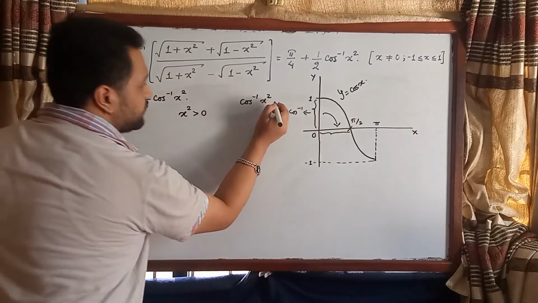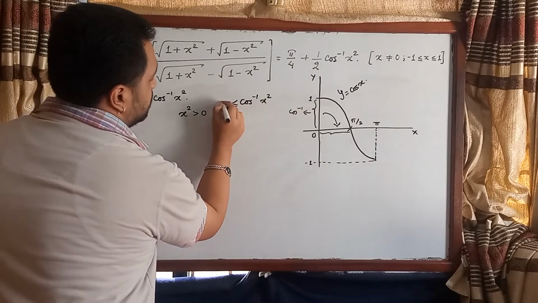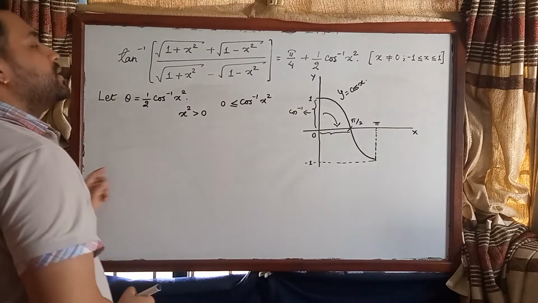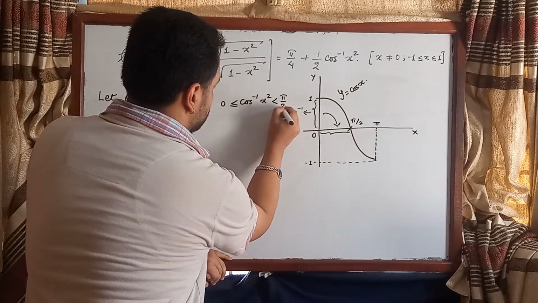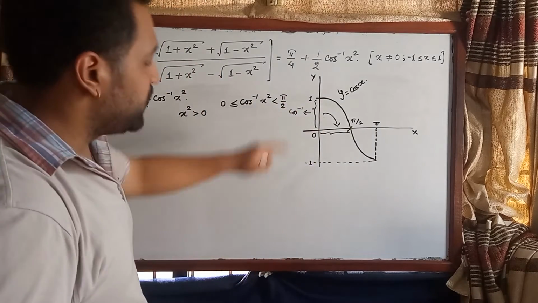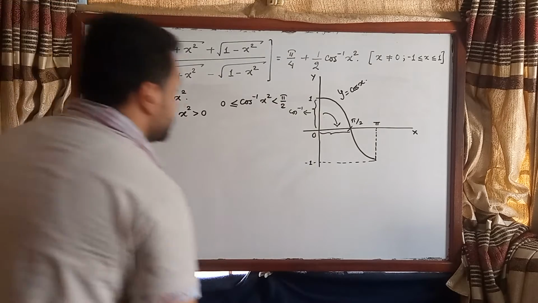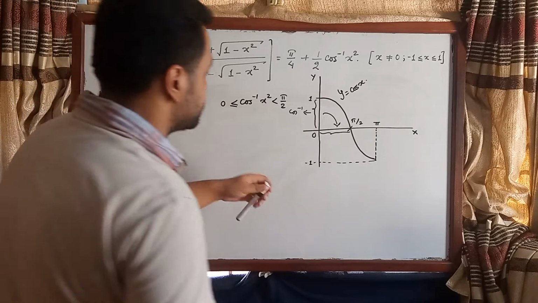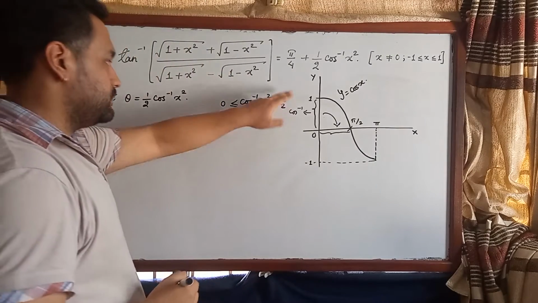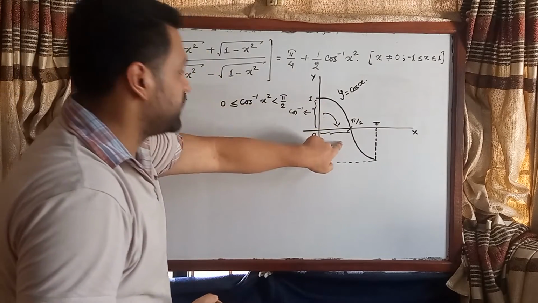So cos inverse of x squared is non-negative and is strictly less than pi over 2. This is what we get, okay? Because x squared is greater than 0.